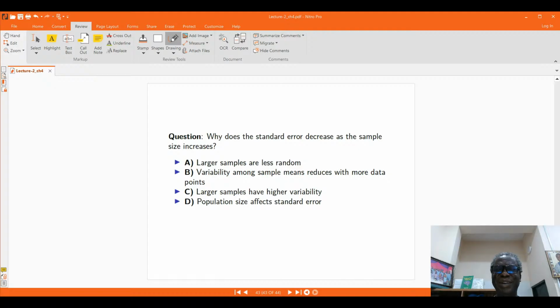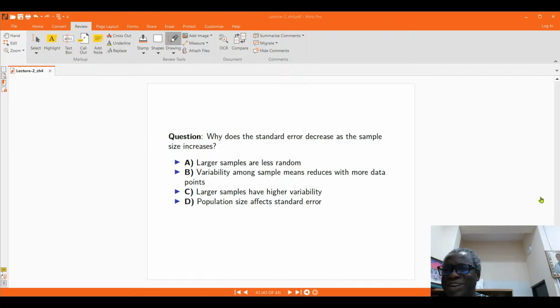C, larger samples have higher variability. D, population size affects standard error. What are your options? That is the last question for the day.